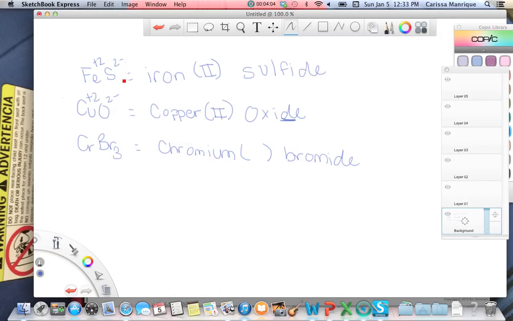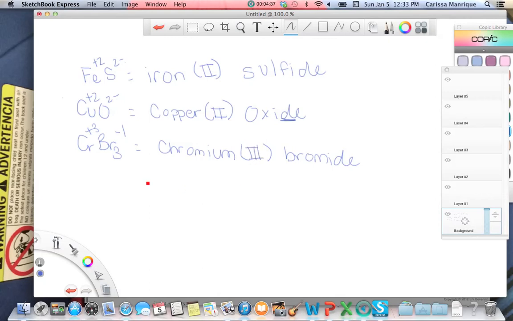Bromine has a -1 charge because it's in group 7. But look here. This is a -1 charge, so you'd be tempted to put a +1 right here. But look how many bromines we have. It took 3 of them to neutralize the chromium. So if it took 3, and each of those 3 has a -1 charge, that means chromium was a +3. So in parentheses here, I put Roman numeral 3.